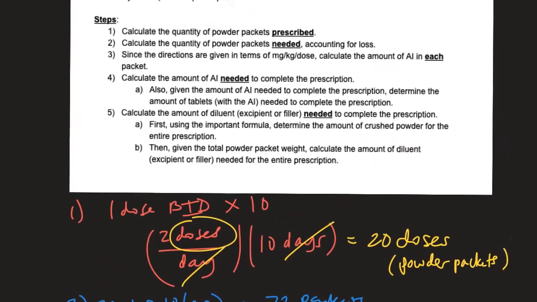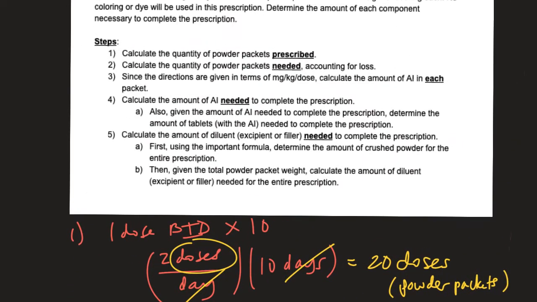So step 5, we're going to calculate the amount of diluent, also called excipient or filler, needed to complete the prescription. So first, using the important formula, we're going to determine the amount of crushed powder for the entire prescription.